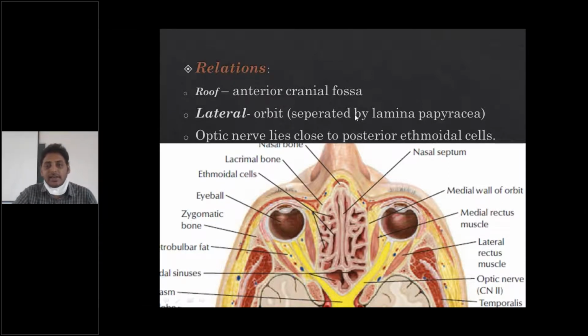This is also why ethmoid sinusitis, especially in immunocompromised patients, can be dangerous: the infection may traverse this thin bone and enter the orbit, leading to orbital complications.